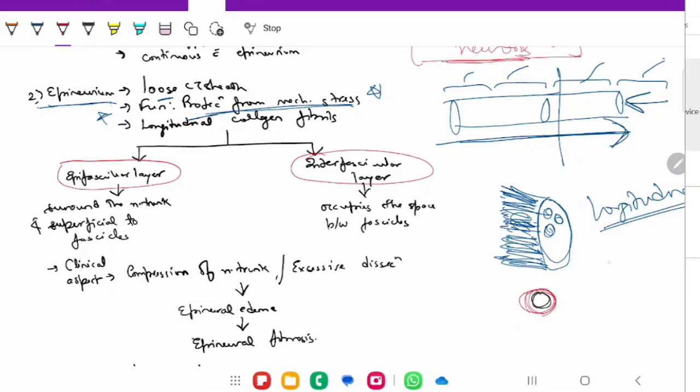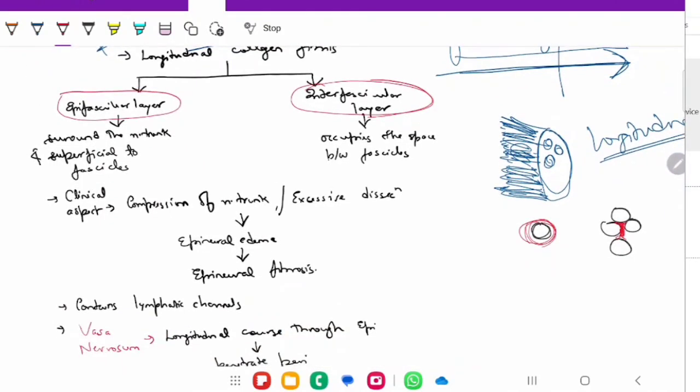Whereas, let us say there are multiple fascicles over here. Whatever epineurium will be found in between these fascicles is known as interfascicular layer. Simple. Nothing, no tough concept as of now. Epifascicular outside, interfascicular between. That's it.